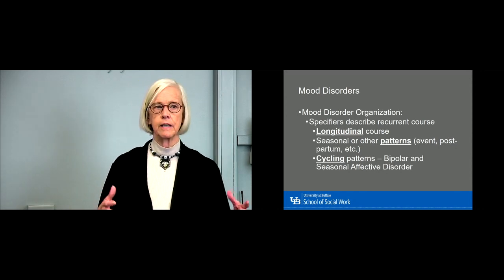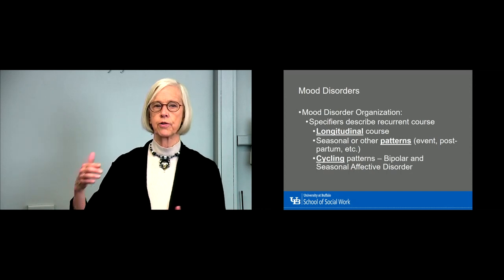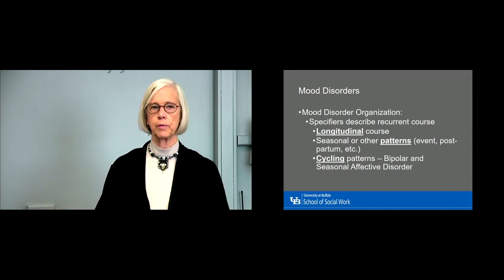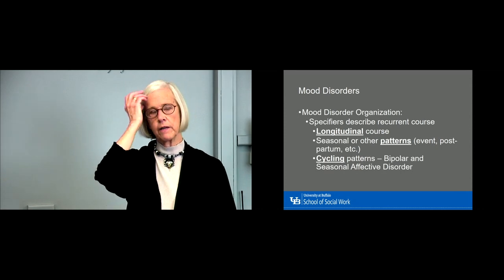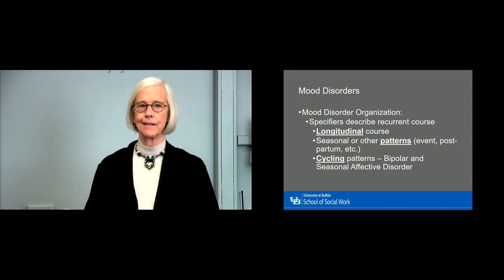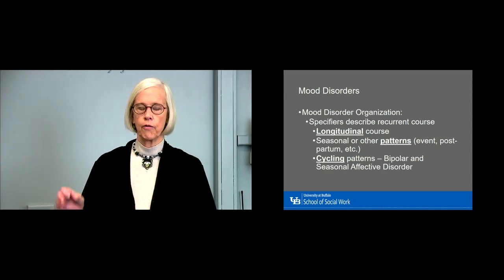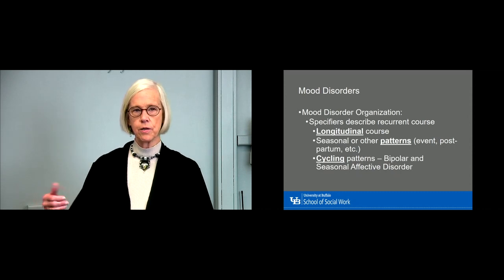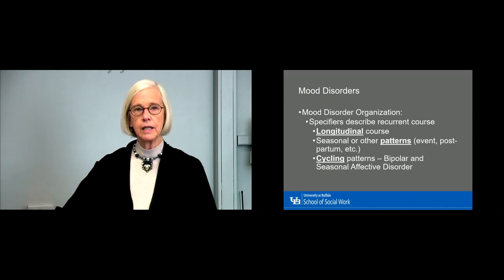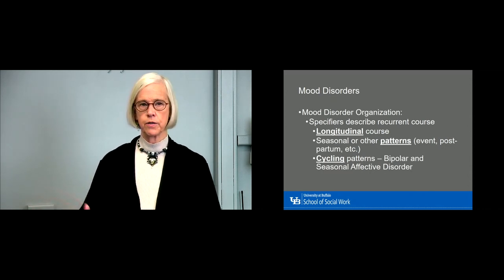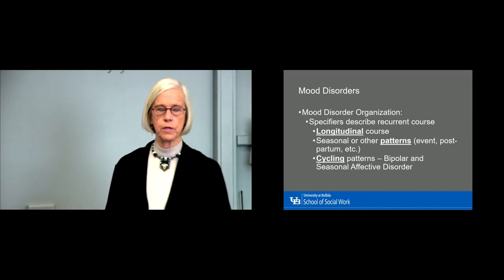And secondly, you want to look beside longitudinal whether there's a cyclical pattern. In bipolar, even if the depression looks exactly like what you expect for a bipolar depression, unless you have a hypomania or a full mania, you can't diagnose the bipolar. You need the full cycle in that disorder in order to make the diagnosis.